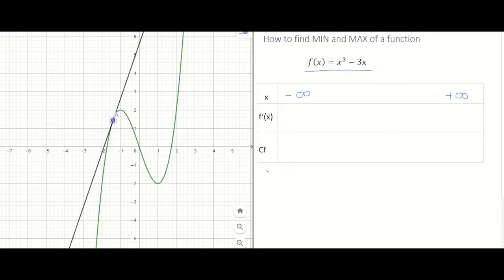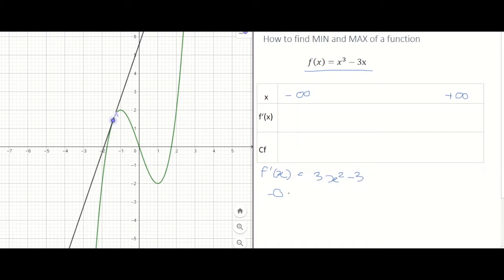So you can see between your minimum and maximum points, it always goes from a negative slope to a positive slope. Now we're going to find the minimum and maximum points analytically. And to first do this, we need to find the derivative of our function. So f prime of x, and in this case it will be 3x squared minus 3. And as I mentioned before, at your minimum and maximum points, this will equal 0.